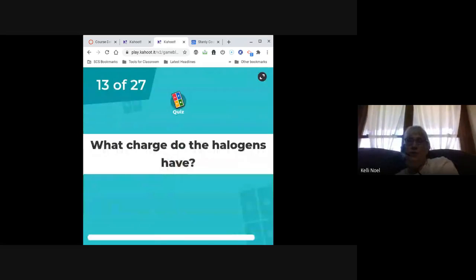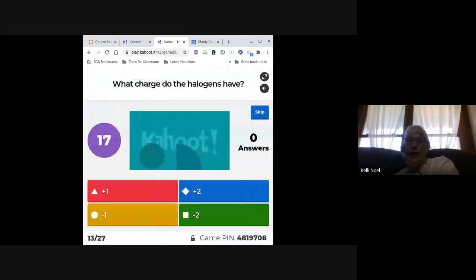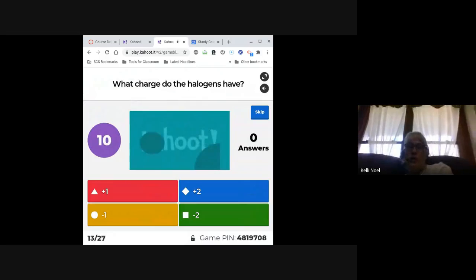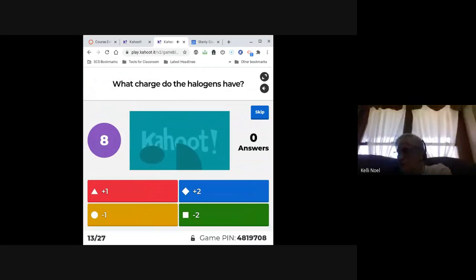Halogens. Now you have to be familiar with the group names. Halogens are group 17 or group 7. So what charge would they have?